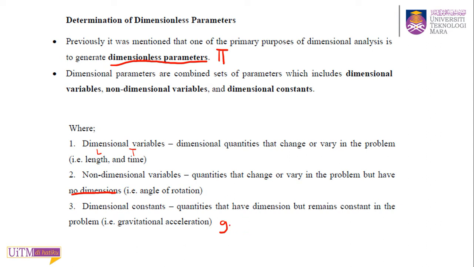So these three are the ones that we have seen before, but maybe we did not discuss them specifically. So what is angle? What is g? These are the three types: dimensional variables, non-dimensional variables, and also dimensional constants. Okay. Any question about this? No, sir.